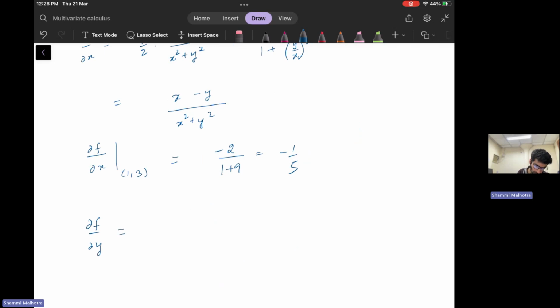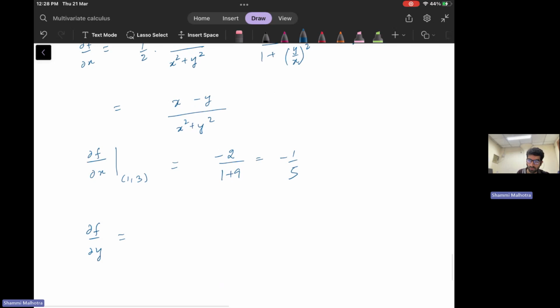So again, when I differentiate half of log of x square plus y square, this will be half times x square plus y square, and this will be 2y. And when I differentiate tan inverse y by x, this will be 1 upon 1 plus y by x whole square, and this will be 1 by x only.